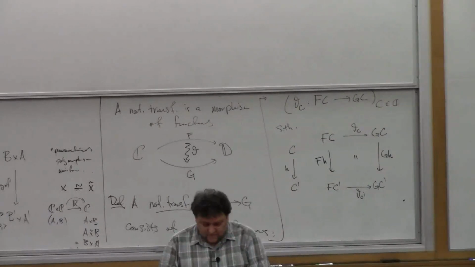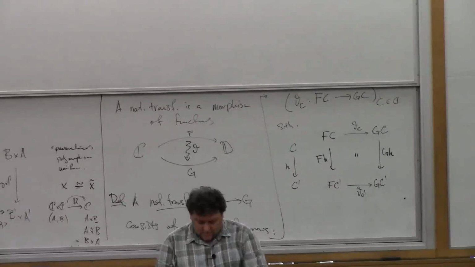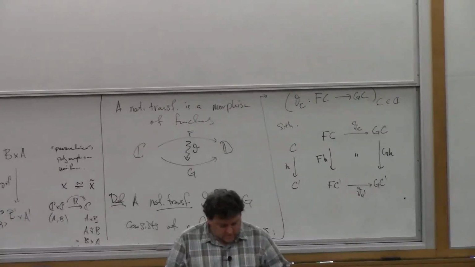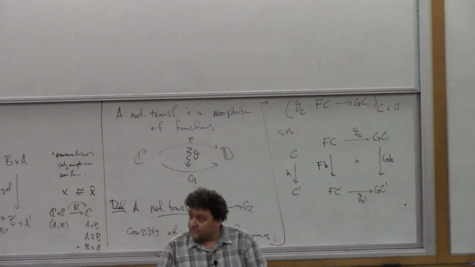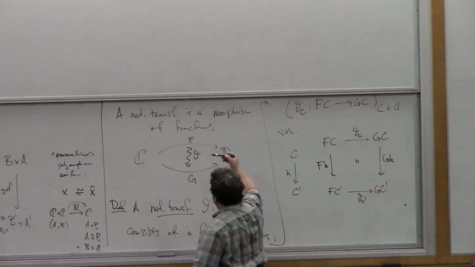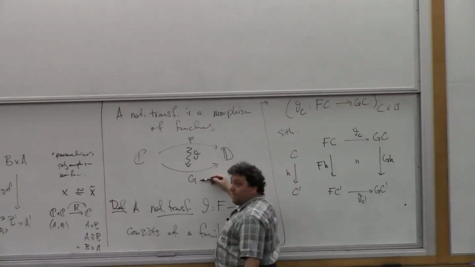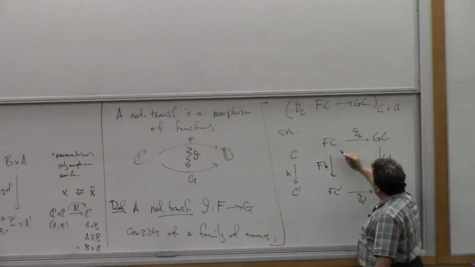Question, yes? Maybe I'm misremembering the definition of functor. I thought a functor went from a category to a category. Absolutely. They're going from object to object here. These are the functors right here, F and G. And then I'm looking over there and I see FC going to GC, where C is an object.